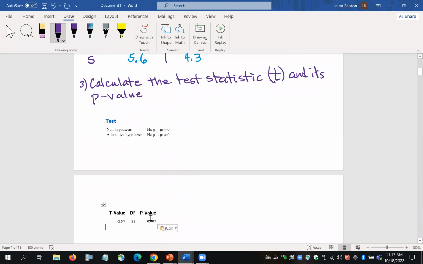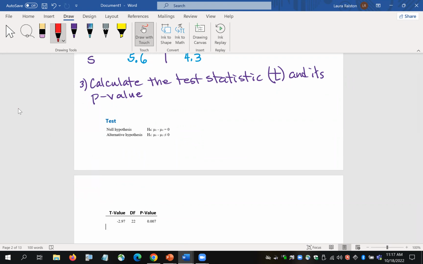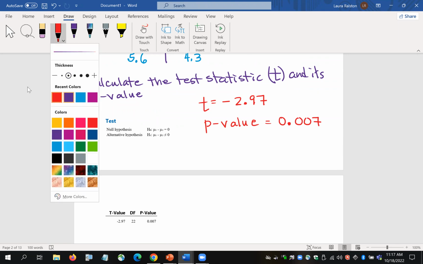Okay, so our t value, based on the data that we have, is negative 2.97. The corresponding p-value is 0.007.